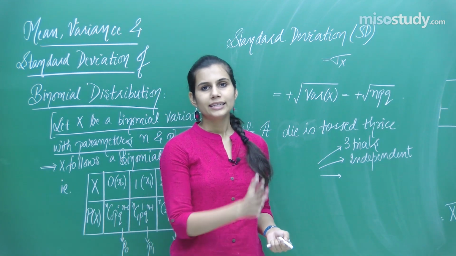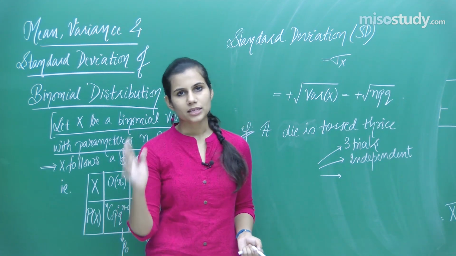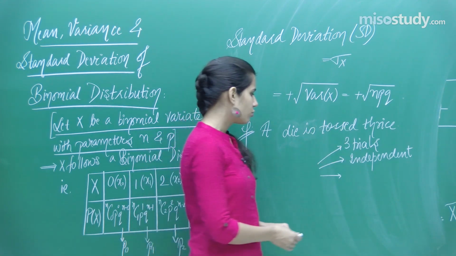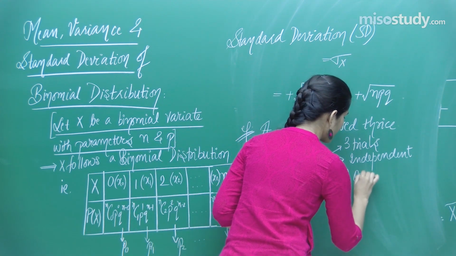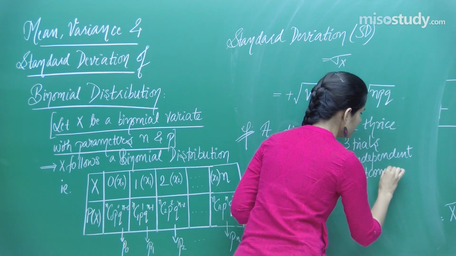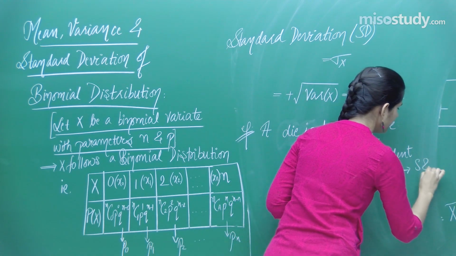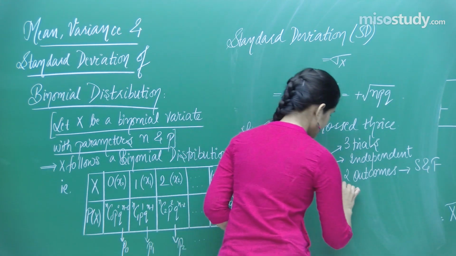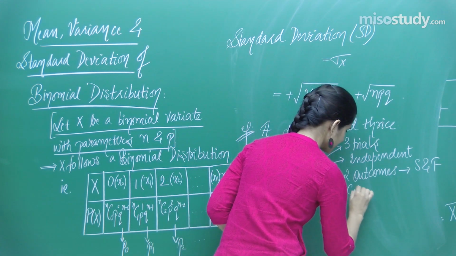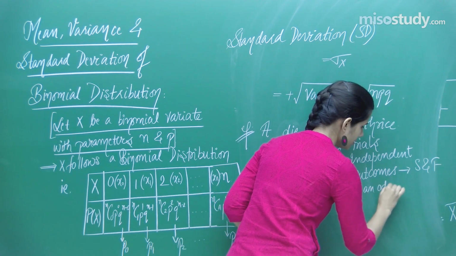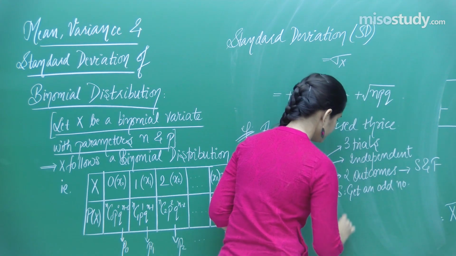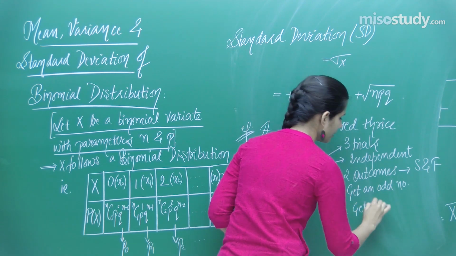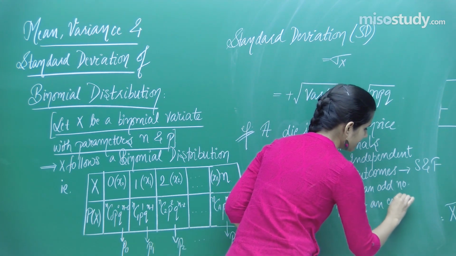So in each trial there are only two possible outcomes: success and failure. Success is getting an odd number. Failure is not getting an odd number, that is, getting an even number.